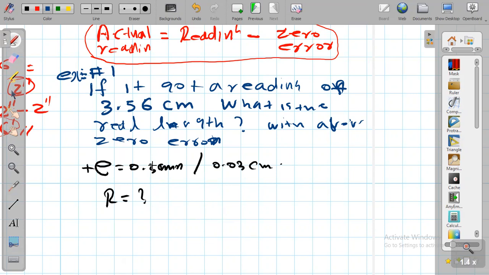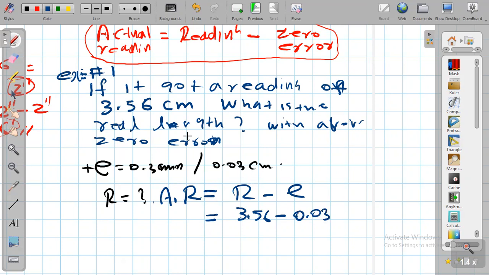Bavindu and Charaka only provided me the answers. Actual reading equals reading minus error. What is my actual reading? The reading is like 3.56. You have to subtract 0.03 from it because all are in centimeters.